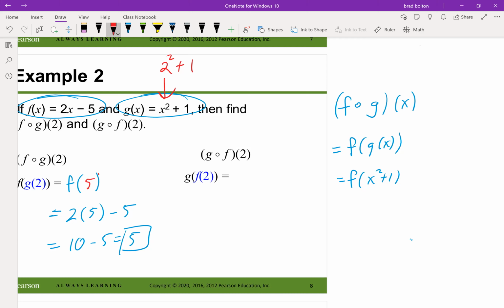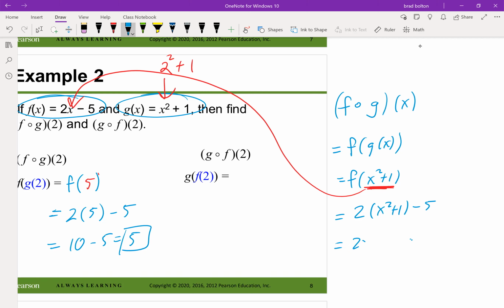So what this means is you're now going to take x squared plus 1 and plug it in where x is in f of x. So I will now have 2, but instead of x, I'm going to write x squared plus 1, minus 5. So this will become 2x squared plus 2 minus 5, which is 2x squared minus 3.